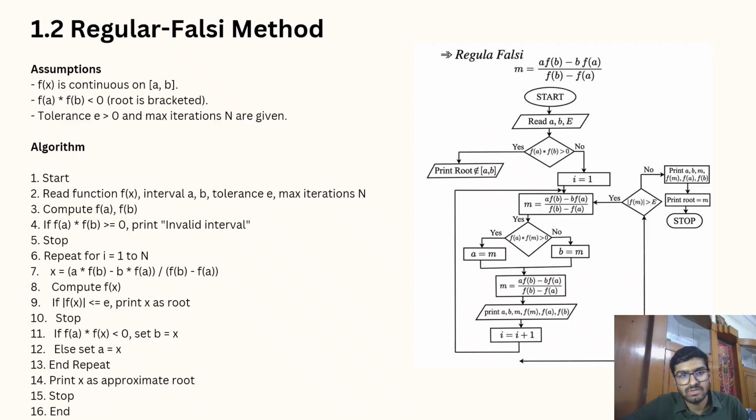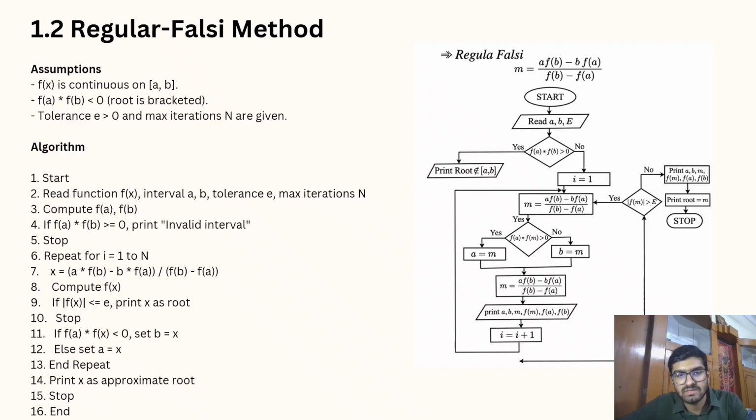After computing that, compute the value of f of x. After that, check that the modulus of f of x is less than e. If it is less than e, then print x as a root, and stop the loop and the algo. Else check if f of a into f of x is less than 0.